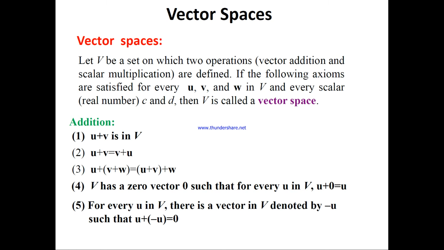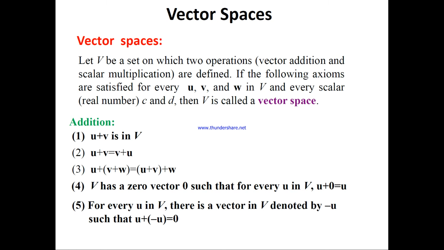Now if we have any three vectors u, v and w in that set V, and if they satisfy the following two axioms in terms of addition and multiplication, then we say V is called a vector space if the vectors of V, u, v and w, follow the below two axioms.